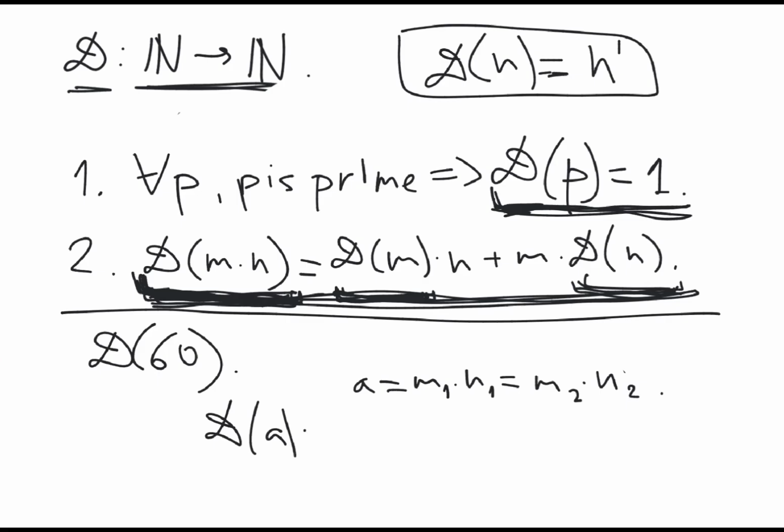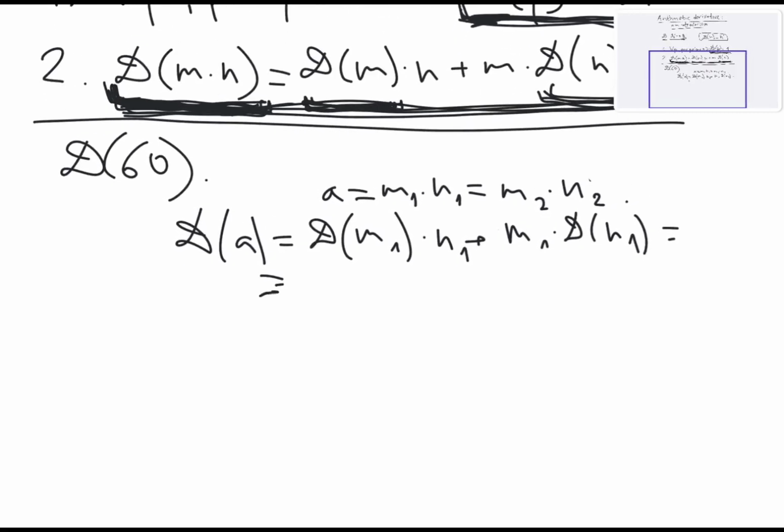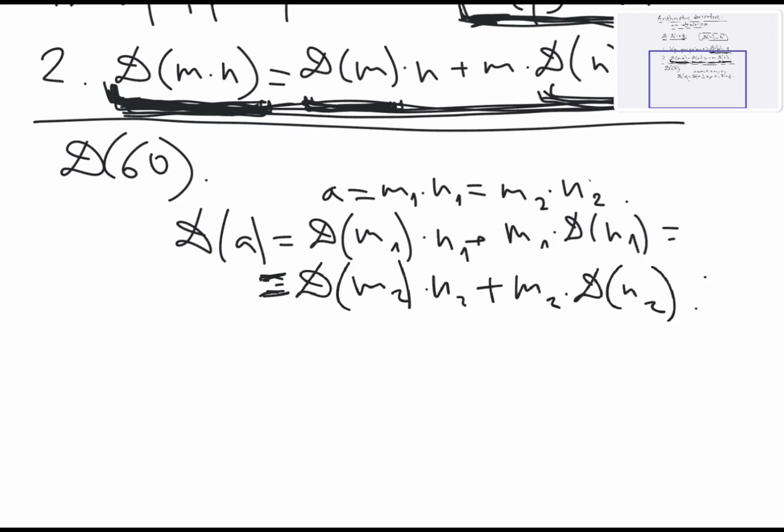Then using the second rule, d of a would be represented as d of m1 multiplied by n1 plus m1 multiplied by d of n1, and also as d of m2 multiplied by n2 plus m2 multiplied by d of n2.